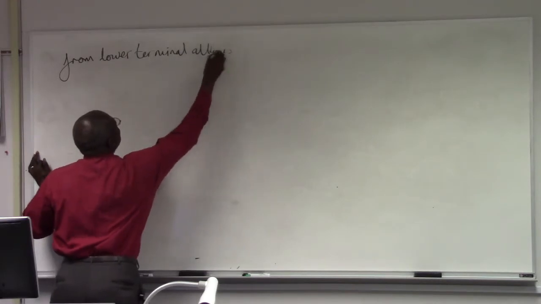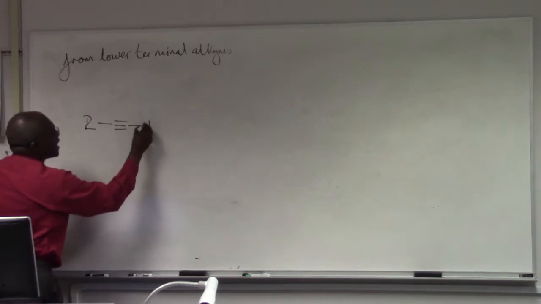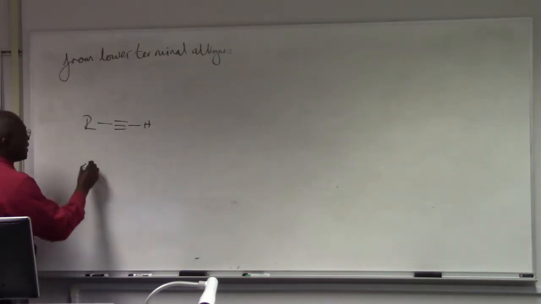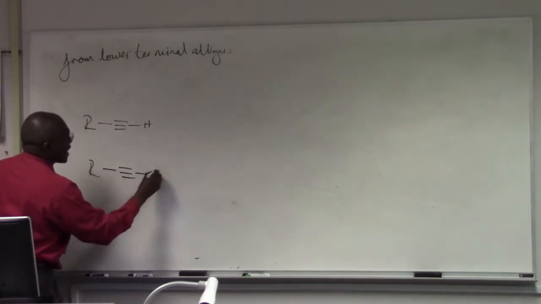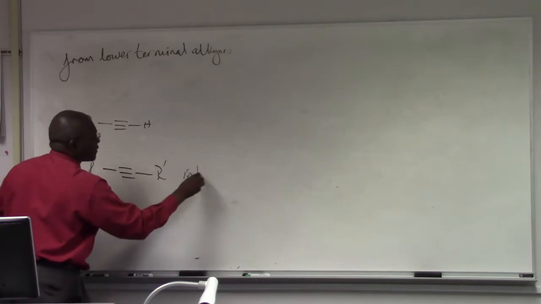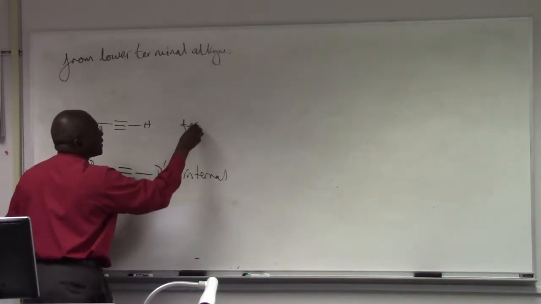And just to remind ourselves what this means, if an alkyne has an H on the end, that's a terminal alkyne. If the alkyne has alkyl groups on both sides, whether they're the same or not, then this is an internal alkyne. Right? This is terminal.